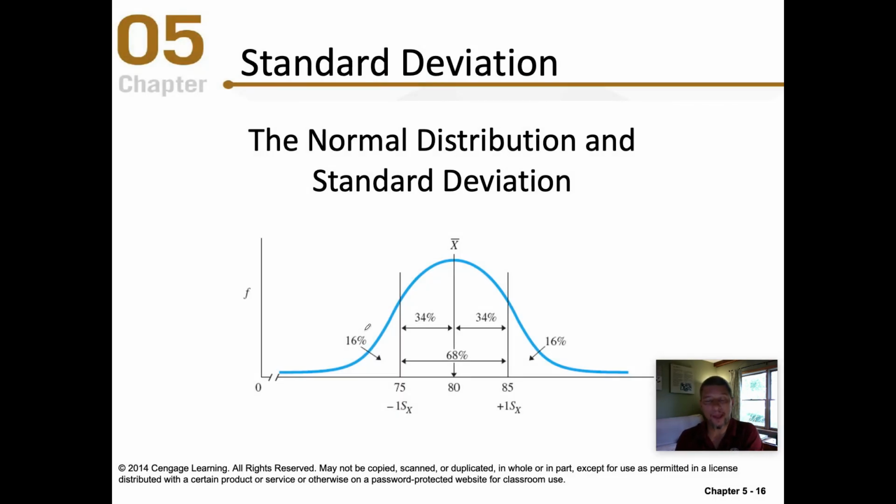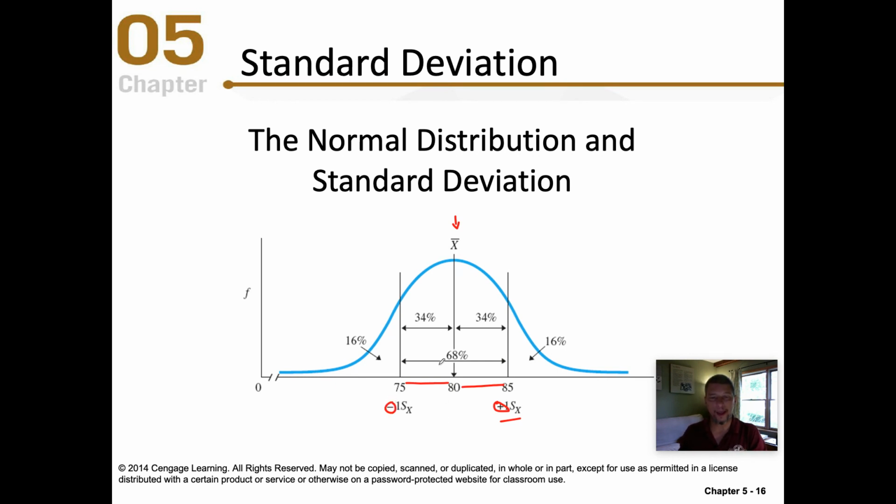It turns out that there are some very predictable numbers that we can use with the normal distribution and standard deviation. You can see in this particular graph that we've got the mean located right here in the middle. Notice that this distance represents 1 standard deviation to the right of the mean, that's what the positive sign is, and this represents 1 standard deviation to the left of the mean.